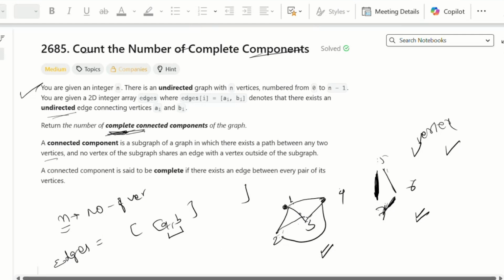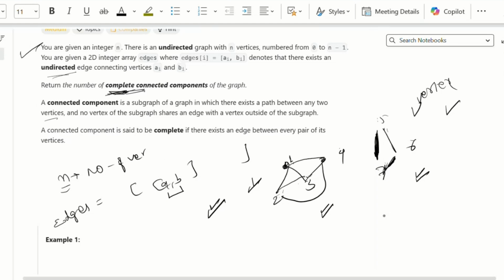But it is difficult to find how we can tell whether a component is complete or not. So there is basically an easy formula for this.